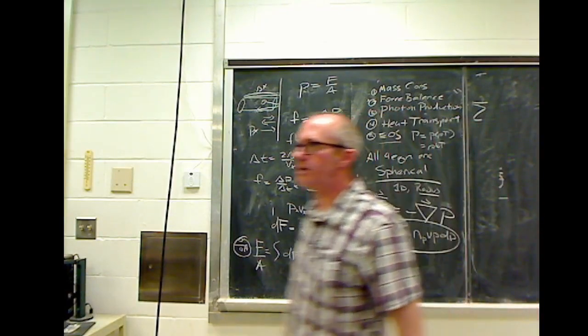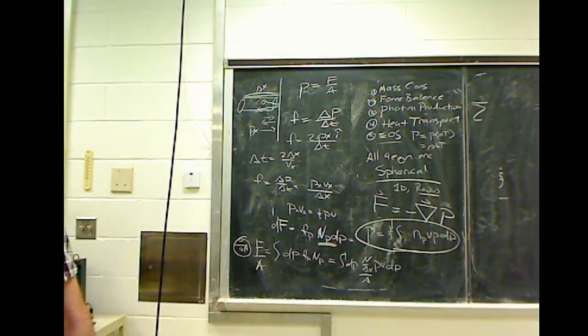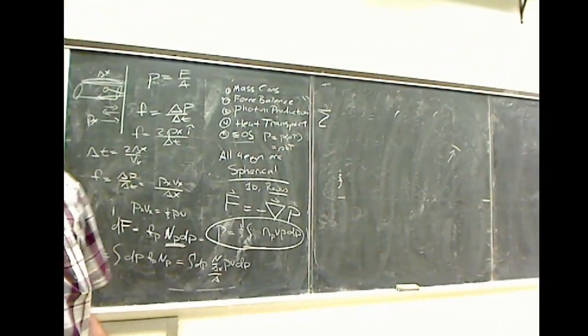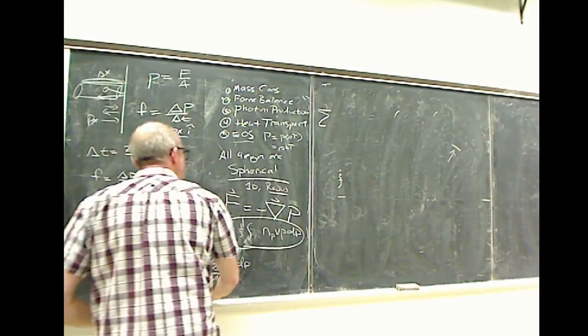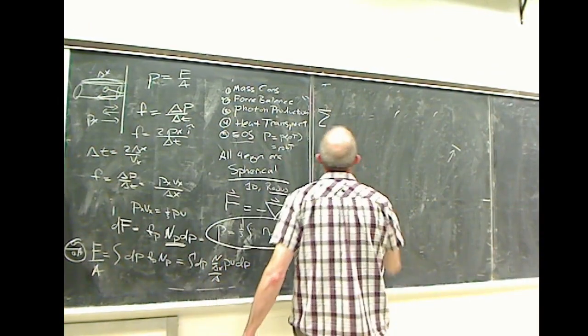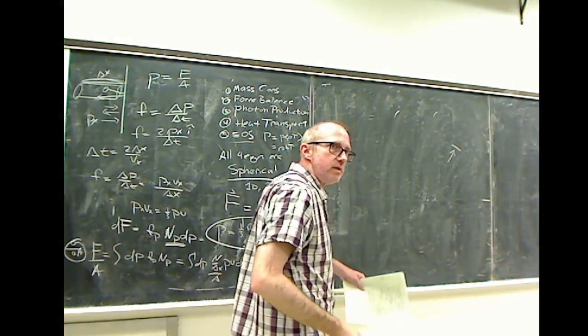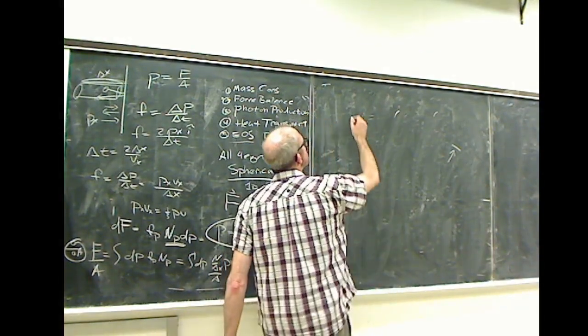Sorry, my camera wasn't pointed in the right spot. How do you get the ideal gas law from this? Well, the ideal gas law is the same as assuming that we've got a random well-behaved gas of clouds.